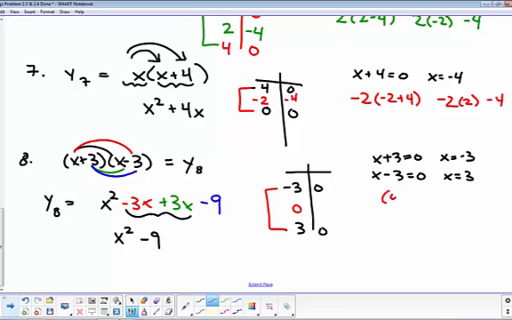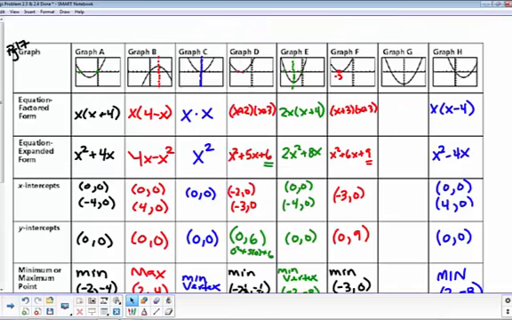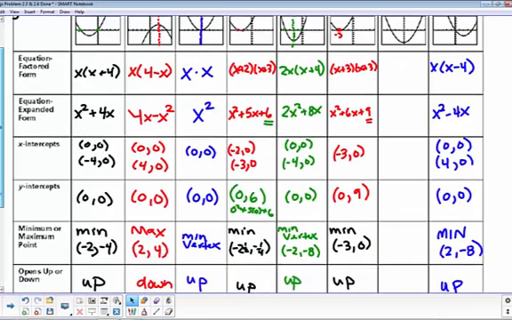If we plug 0 into the equation, we get positive 3 times negative 3, which is negative 9. So our last one to match up is graph 7.